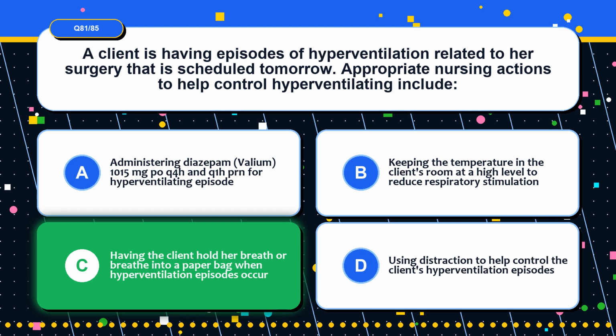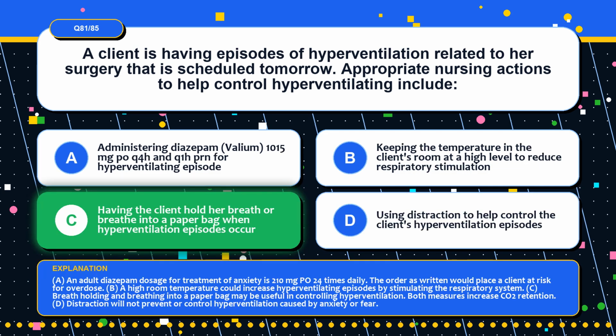The correct answer is option C. Having the client hold her breath or breathe into a paper bag when hyperventilation episodes occur. A. An adult diazepam dosage for treatment of anxiety is 2-10 mg PO 2-4 times daily. The order, as written, would place a client at risk for overdose.